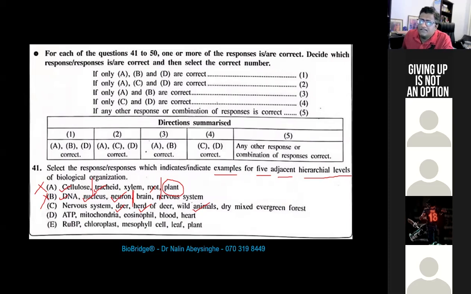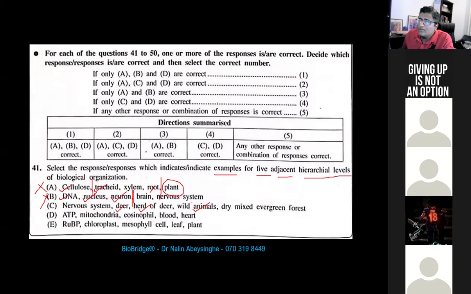All are adjacent. The organ system is adjacent to the organism. That is the immediate lower hierarchical element of the organism. Then herd of deer is the immediate hierarchical upper level to the organism. And then you get the community.